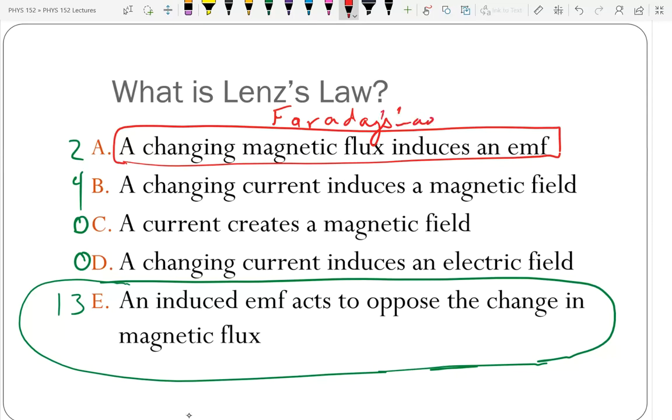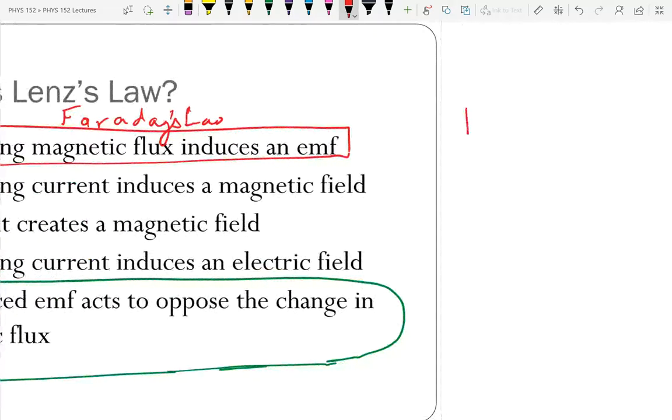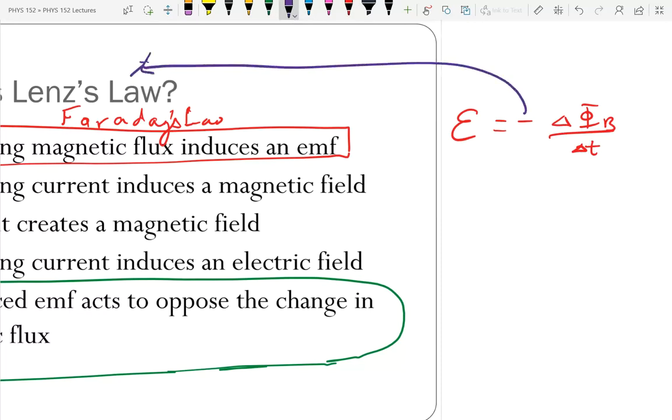Faraday's law says that a changing magnetic flux produces an EMF. The EMF is equal to minus the change in magnetic flux over change in time. This minus sign is to remind us to look at Lenz's law to determine the direction.